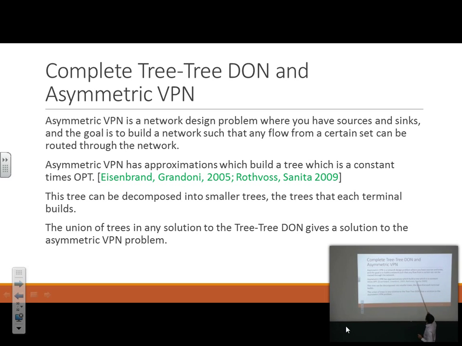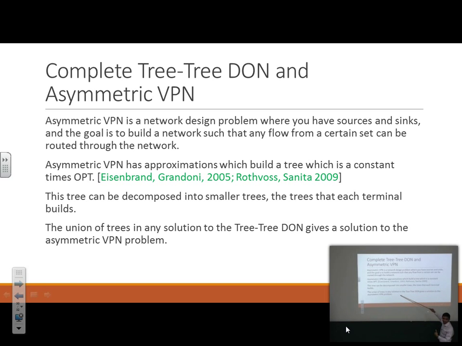It has a constant approximation. The nice thing is the approximations deliver a solution which is a tree. And so what we do is we use these two observations. First of all, the union of all the trees that we build for our tree problem can be converted into a solution to the asymmetric VPN problem, where the demands are all +1 or -1. That's one part.